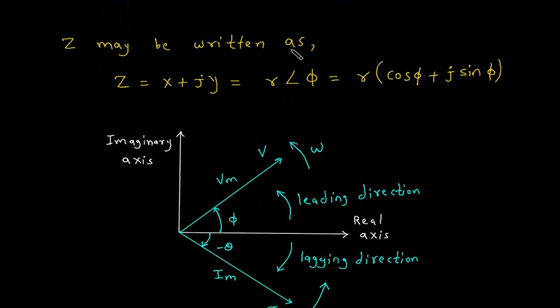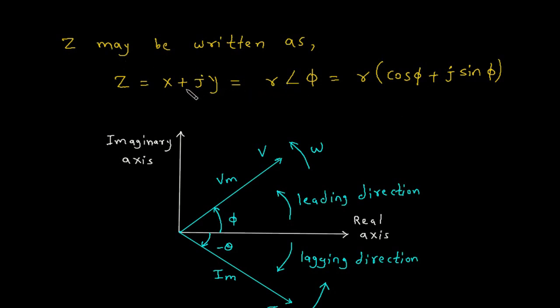Z may be written as z is equal to x plus jy is equal to r at an angle phi is equal to r in bracket cos phi plus j sin phi. So this is how we can write this z.